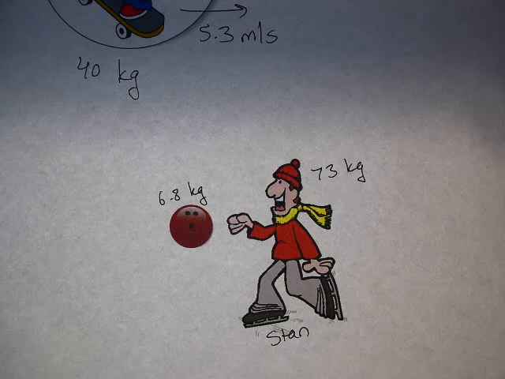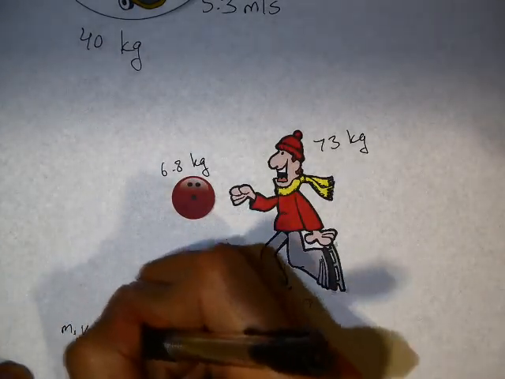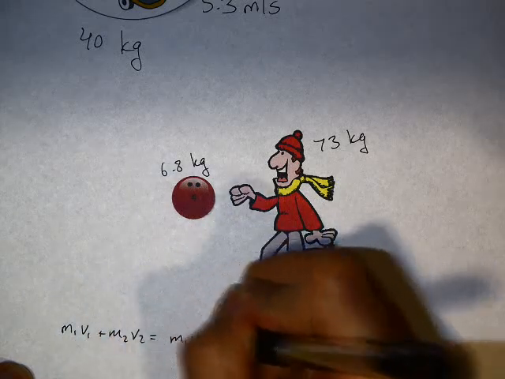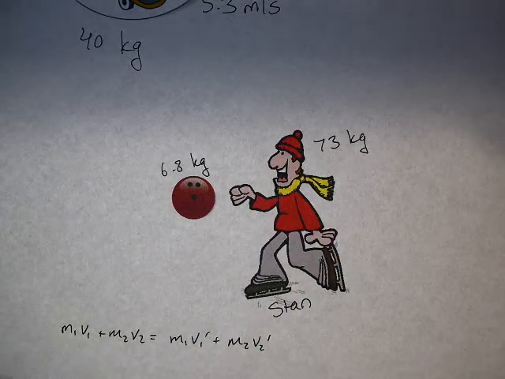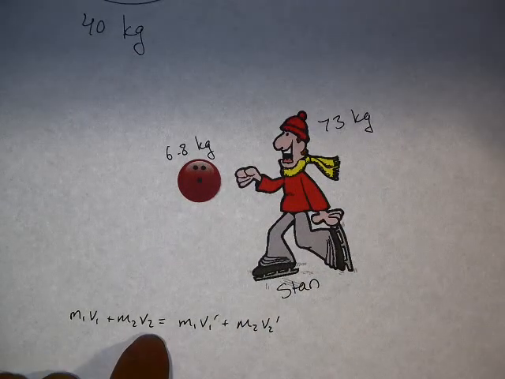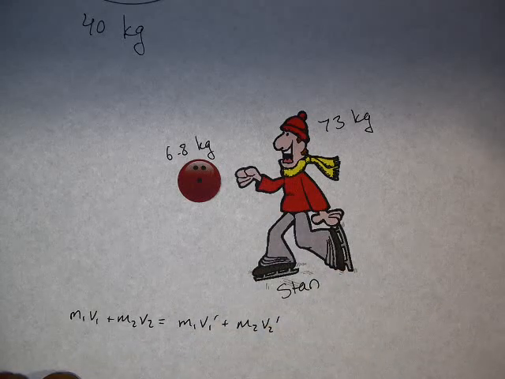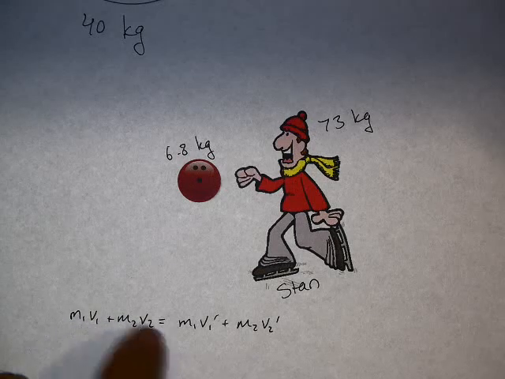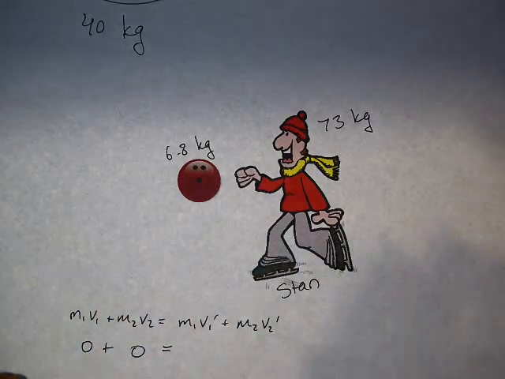We're going to write out our master equation for momentum conservation. M1 V1 plus M2 V2 equals M1 V1 prime plus M2 V2 prime. Prior to the action, it's not really a collision, he throws something from himself. Prior to the event, we have masses, but velocities are 0, so it's 0 plus 0. 0 momentum to begin with.